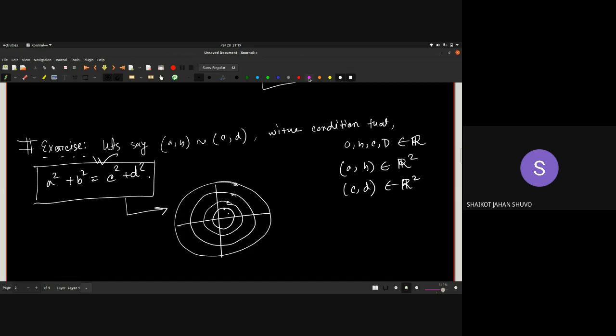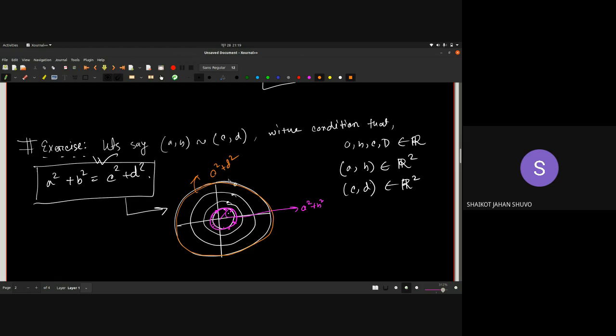For example, take this circle, right? All the points on this circle have the same distance from the origin. Let's say this circle corresponds to this a square plus b square equation, okay? And let's say this circle over here corresponds to some c square plus d square.